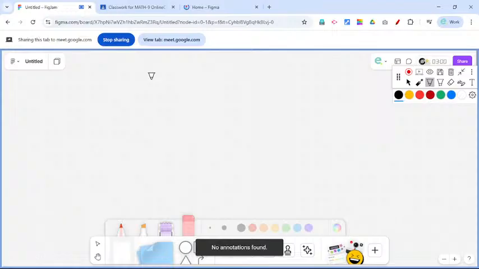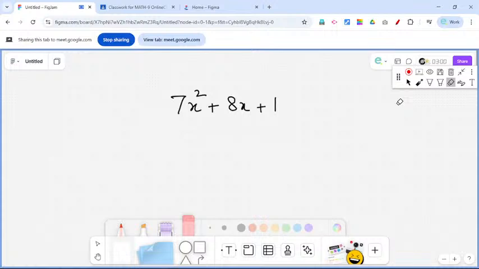Now suppose this is your polynomial, and I say okay, factorize this polynomial.